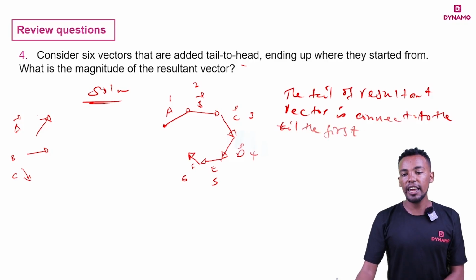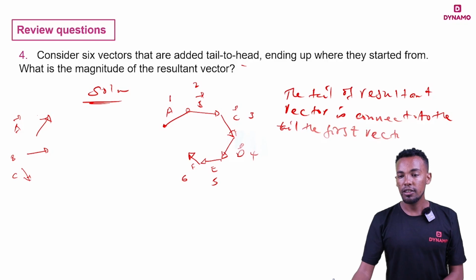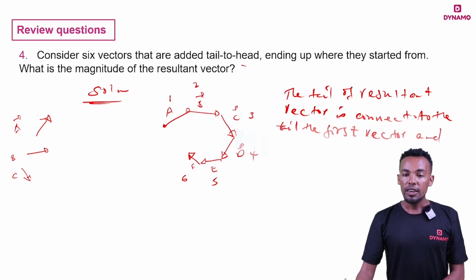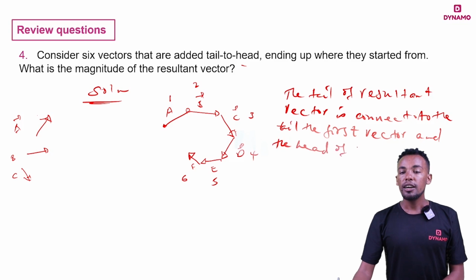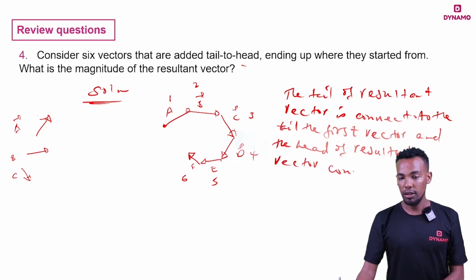First vector is vector A, the tail of the first vector. And what? The head of resultant vector is what? The head of resultant vector is what?